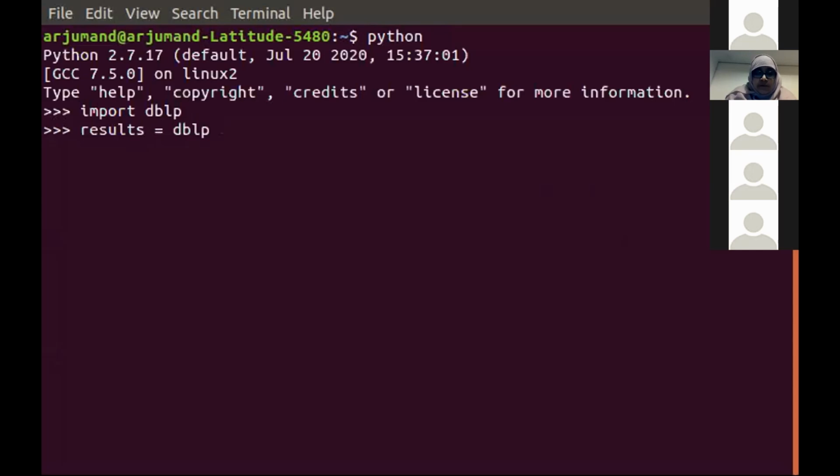So the dblp.search method, and you can pass it a list of different terms. So machine learning, and also let's say any other area somebody would like to say. NLP? Okay, so we have to write the whole form, I think. Natural language processing.